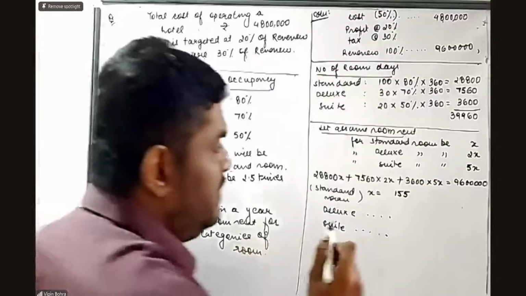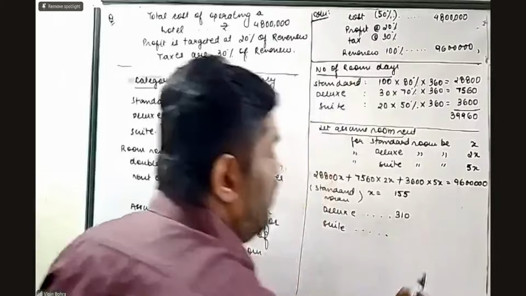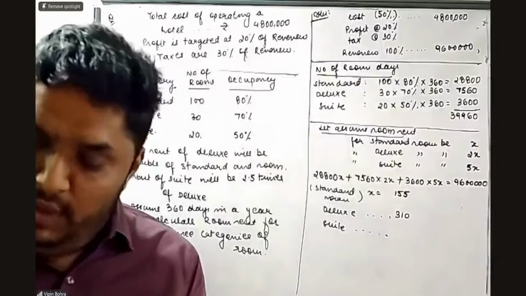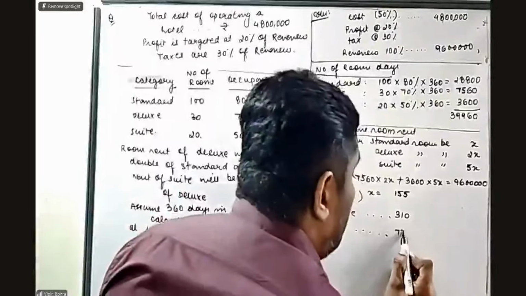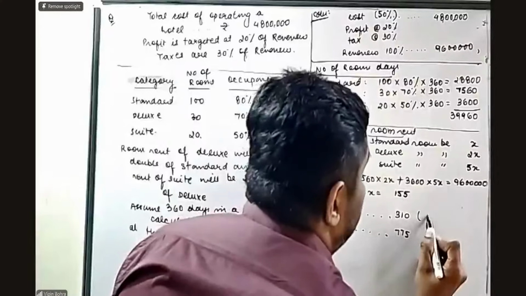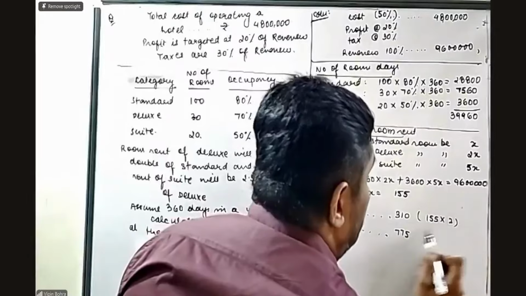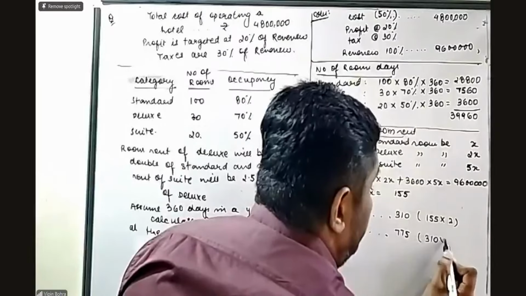For deluxe, it will be 310. And for suite room, it will be 775. That is 155 into 2 and 155 into 5.